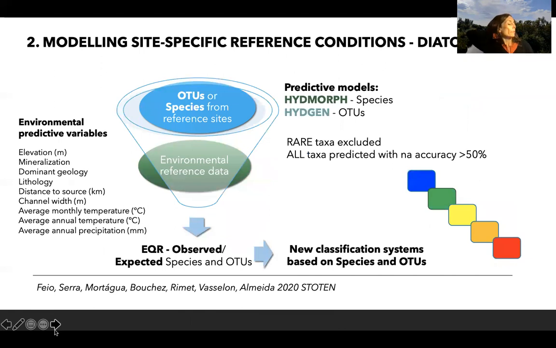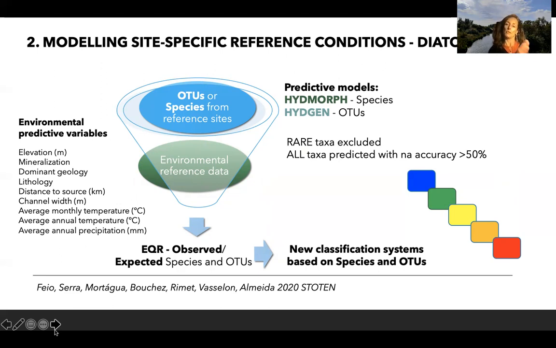Then in our model, we used predictive variables such as elevation, mineralization, geology, lithology, channel width, besides the climatic variables. We can choose here whatever is more adequate to our biological element. It might be a different list, but we should use the typological variables.